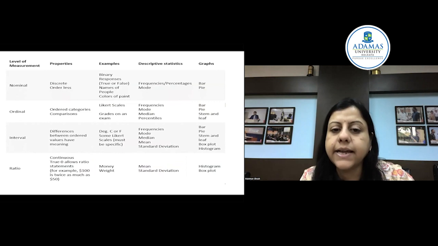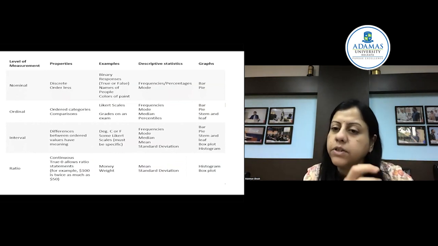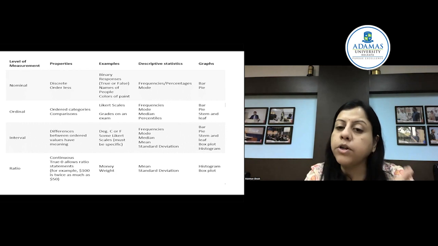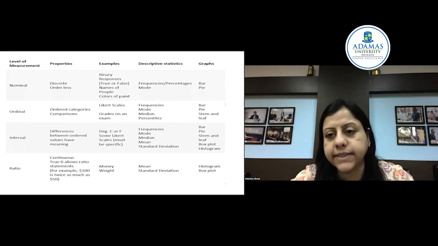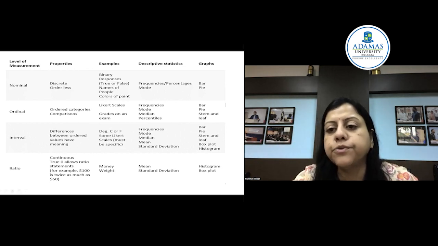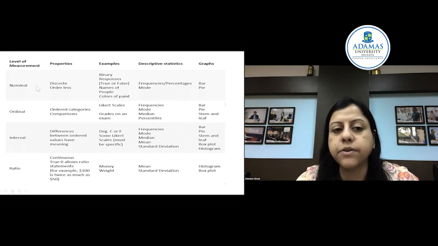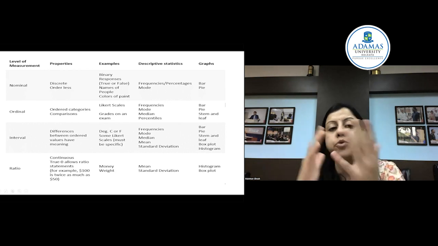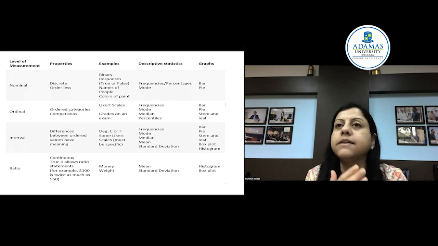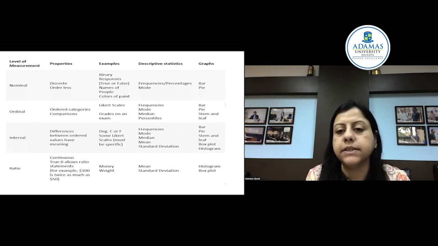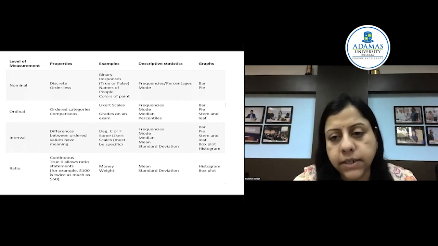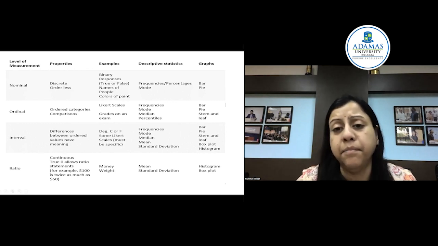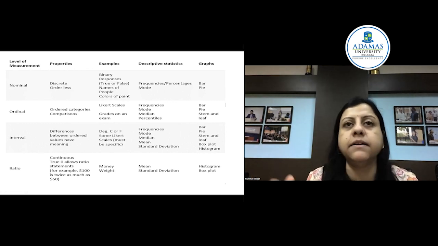Now you can see that when you know the levels of measurement of your data, you automatically know what sort of descriptive statistics you can use on that data set, and what sort of visualization techniques or graphs you can use to show that data set. So here, when your data is nominal, it means that by virtue of its characteristics, it's qualitative. If I ask you what's your gender, then I'm making you answer in a categorical way.